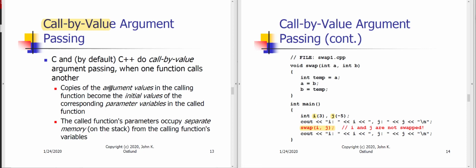When you call a function, copies of the values of those arguments get passed into the function, and those become the initial values of parameters.